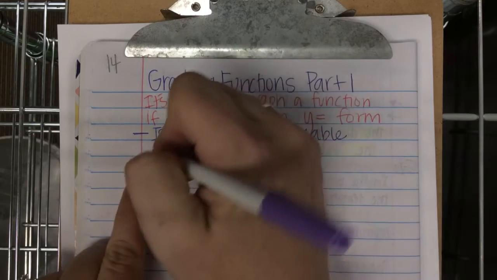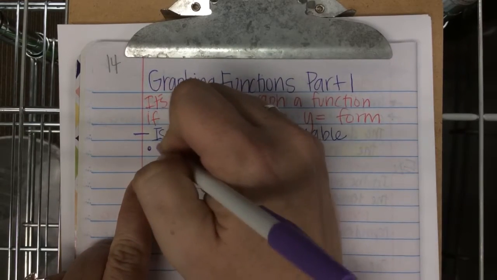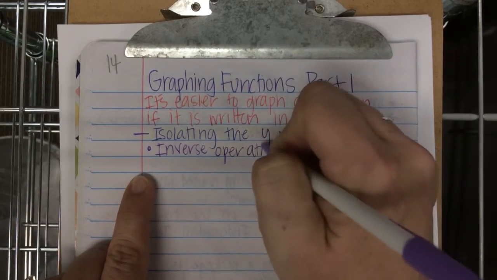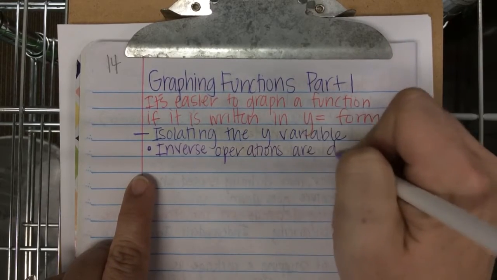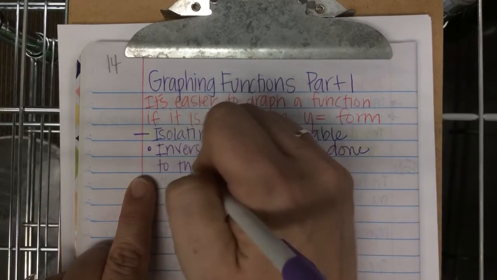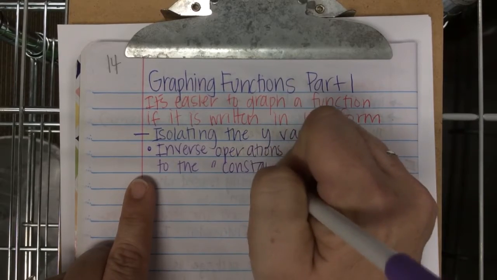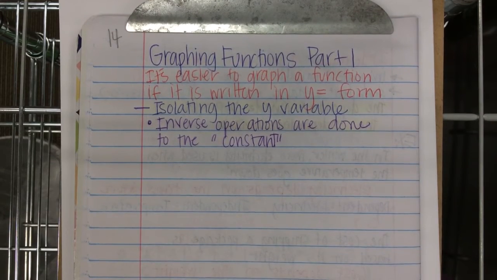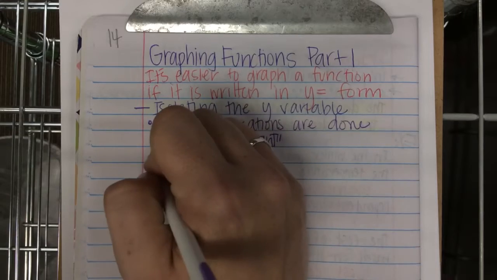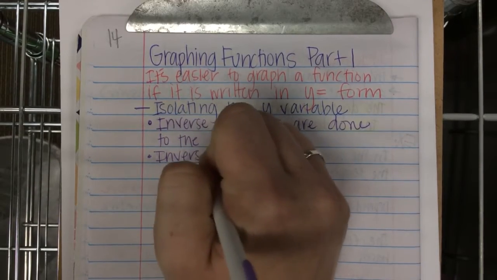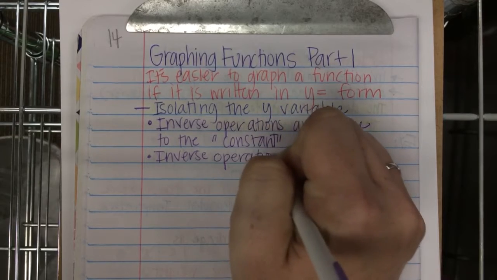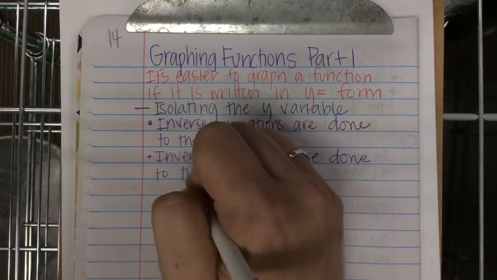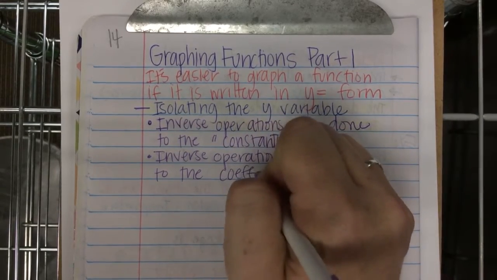How do you isolate the variable? Inverse operations. Inverse operations are done to the constant, and then inverse operations are done to the coefficient.